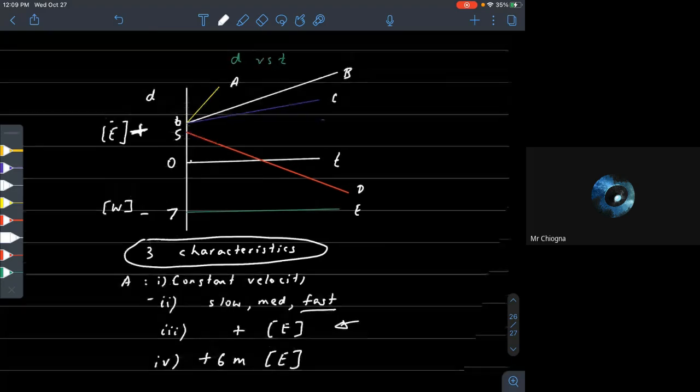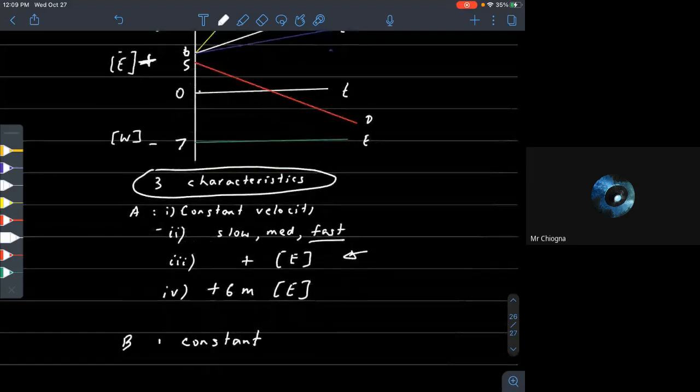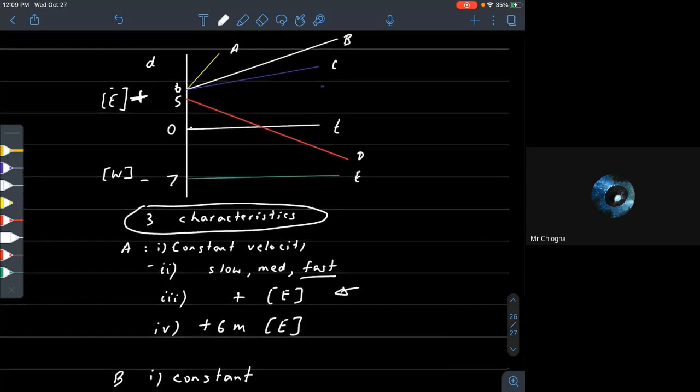Let's finish this. B, how would you express it? Is it constant? Yeah, it's constant. Straight line. Second, how would you say the person's moving? Let's say it's a person that's walking. How is he or she moving with respect to A or C? Medium, slow?